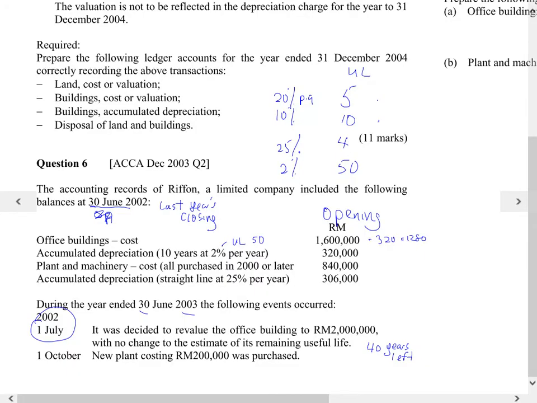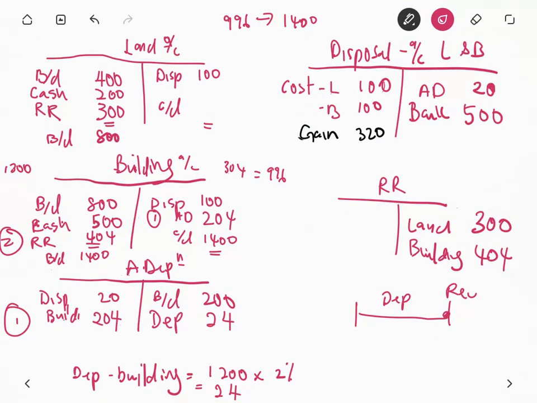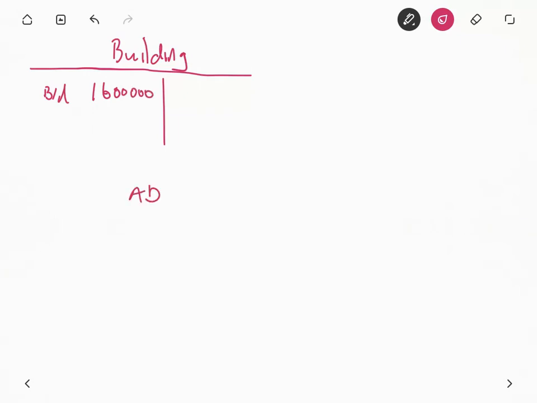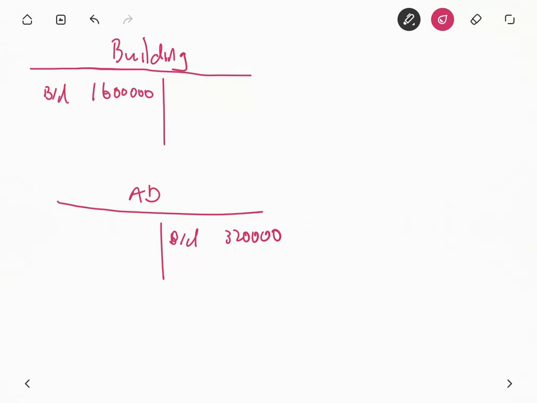on land, this one is building 1632. Building, balance brought down 1006. Accumulated, and I want to revalue to 2 million. We use method 1, 2 steps. How?